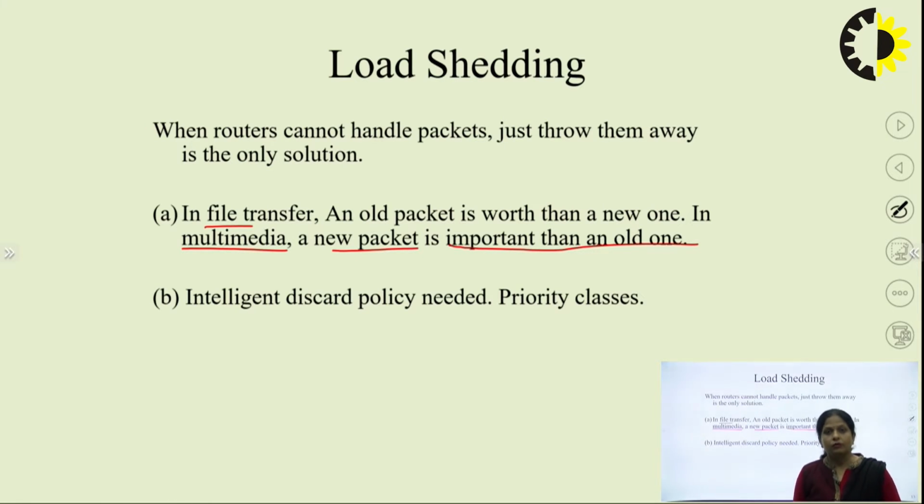That means we need to decide intelligently which packet needs to be discarded and when it can be discarded, right? So, an intelligent discard policy is needed. There we can use priority classes, and accordingly that will be decided.